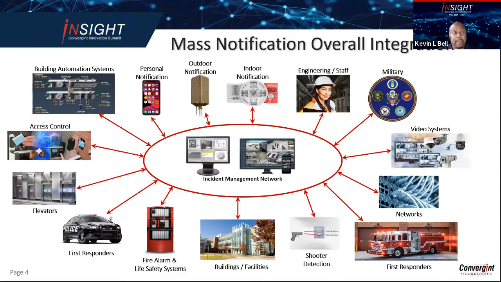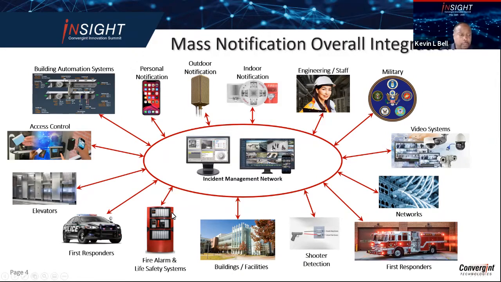So let's look at the mass notification ecosystem. The integration of the mass notification system is not just one device. It's not one system. It's not something you buy over the counter, but it's actually an overall integration of all of these components. These are systems that are already in your building.